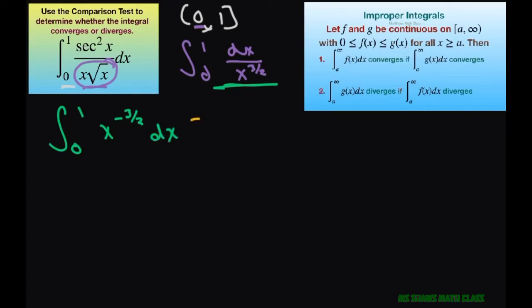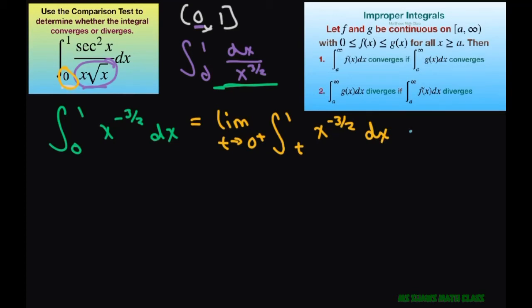Right? And then change this to a limit because it's an improper integral. So let's write the limit as t approaches 0 from the right, and then change your lower limit 0 to t, upper limit 1, x to the negative 3/2 power dx. All right.